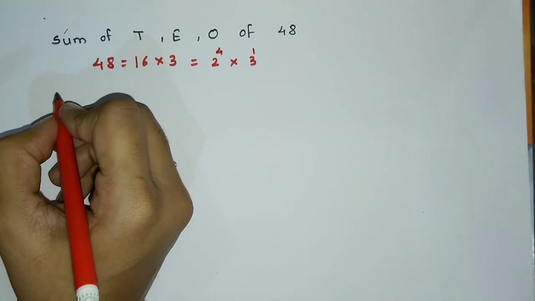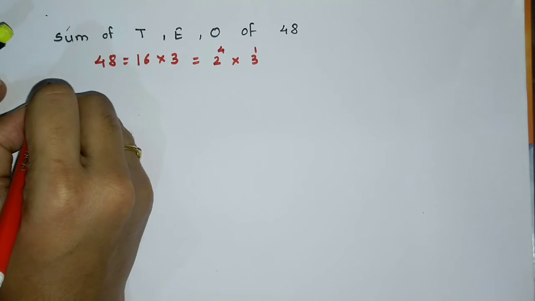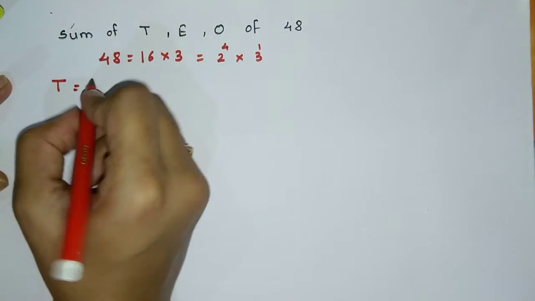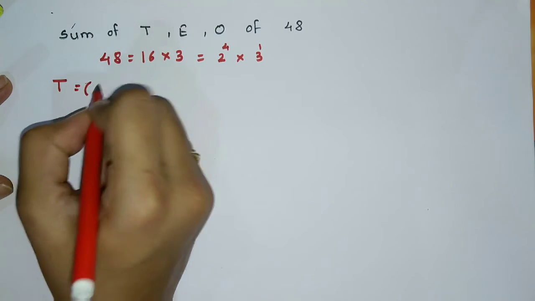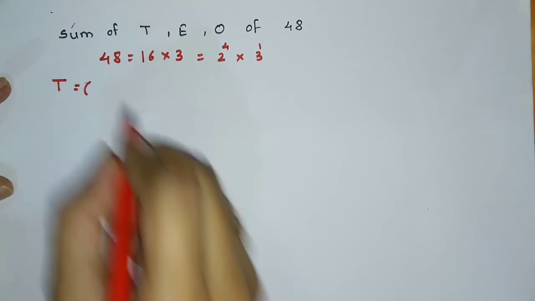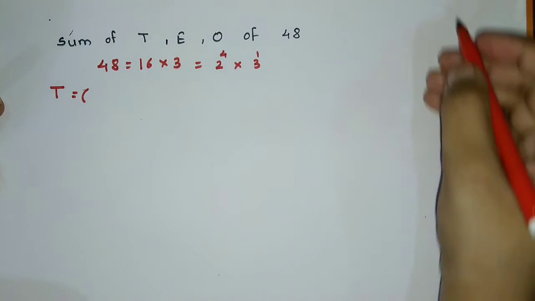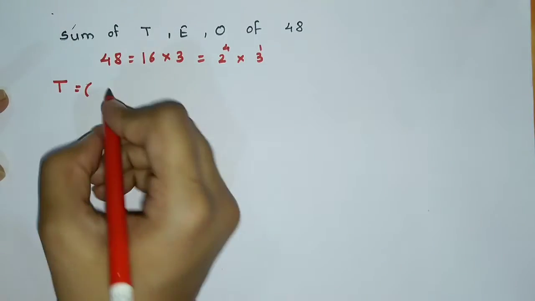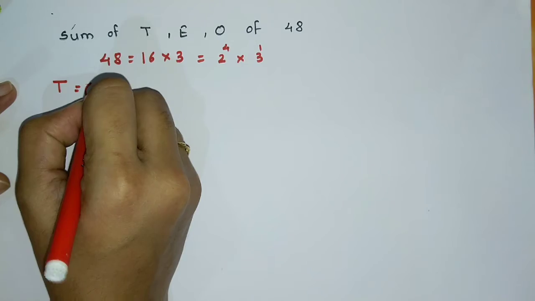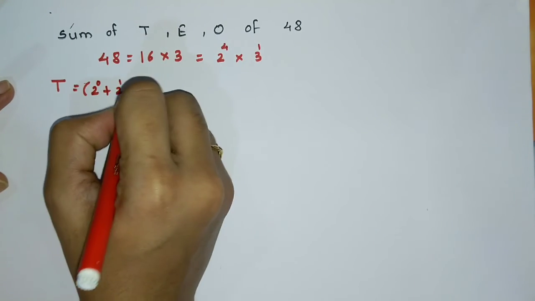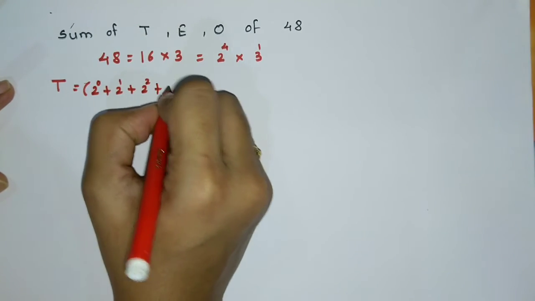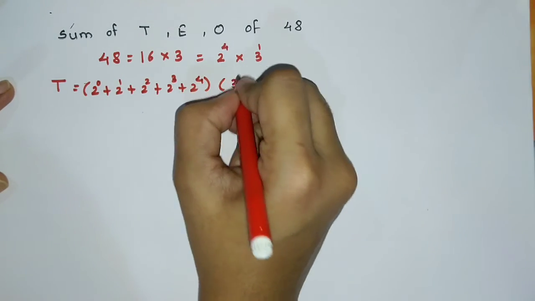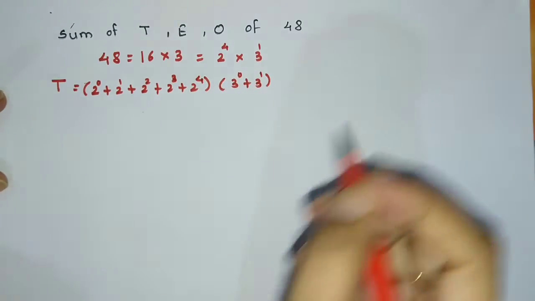Now, the sum of the total factors is equal to, we can represent 2 raised to 4 as 2 raised to 0 plus 2 raised to 1 plus 2 raised to 2 plus 2 raised to 3 plus 2 raised to 4, into 3 raised to 0 plus 3 raised to 1.